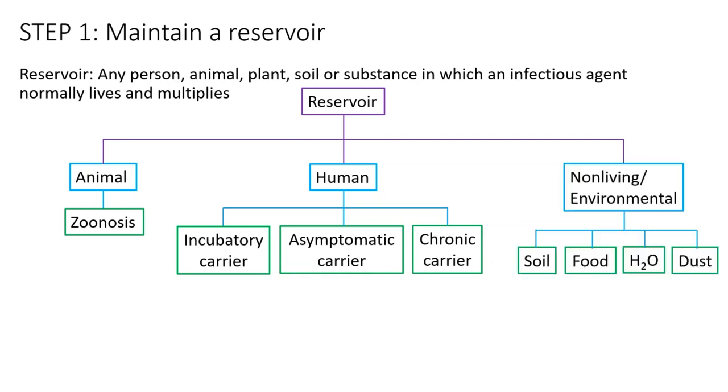And then we also have non-living reservoirs, also called environmental reservoirs. Four of the most common are listed here. So soil, also plants, water, dust, food, all of these can serve as reservoirs for infectious agents.